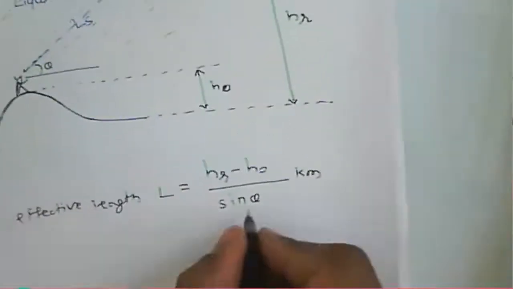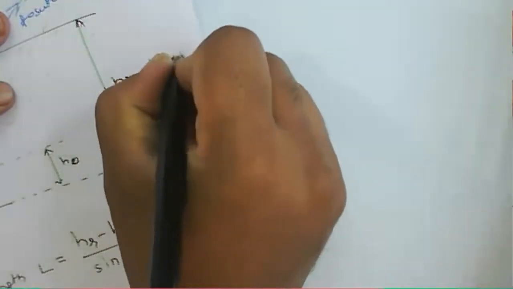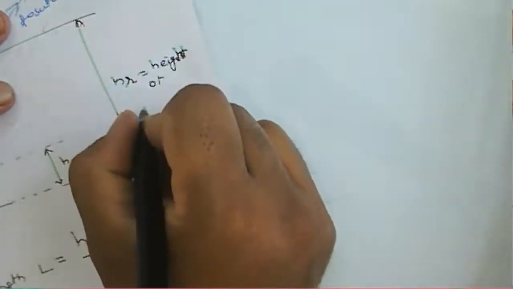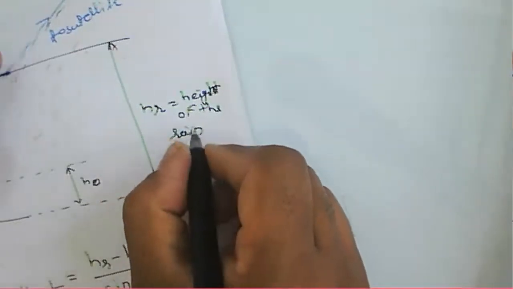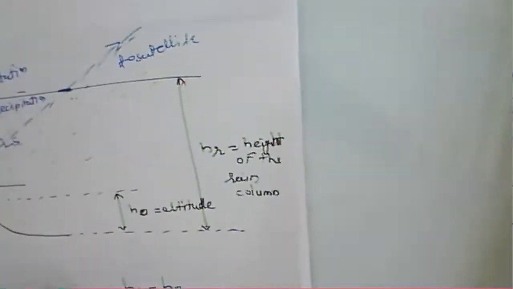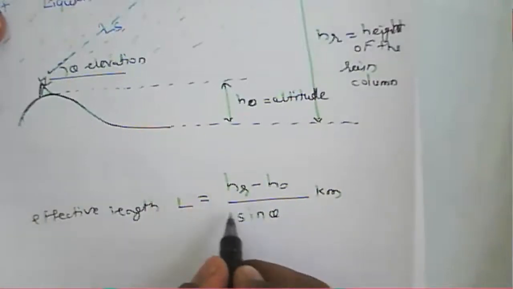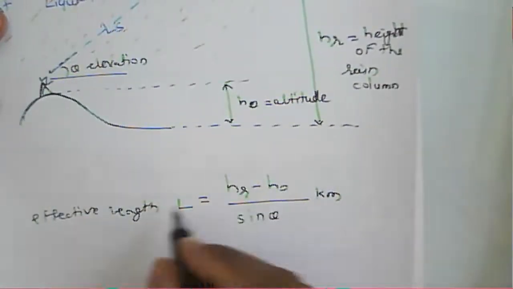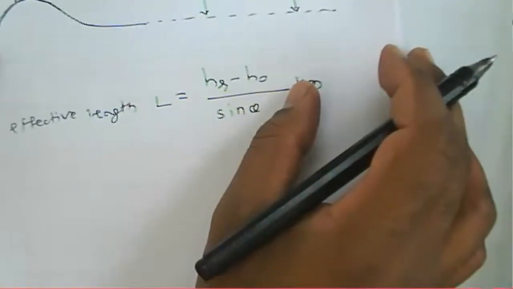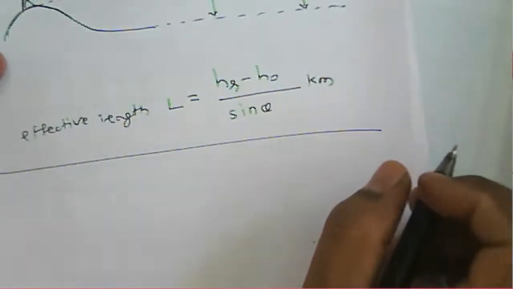This HR is the height of the rain column, H0 is the altitude, and theta is the elevation angle. So the effective length L is equal to HR minus H0 by sine theta in kilometers. This gives us the effective length, and from that you can calculate the attenuation.